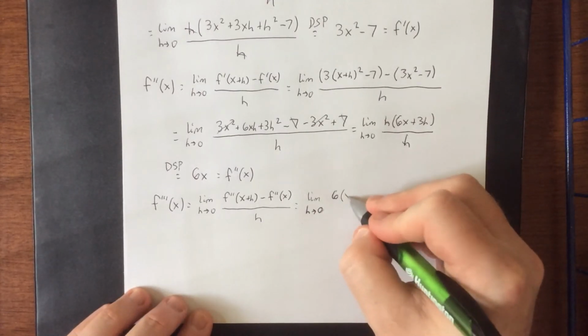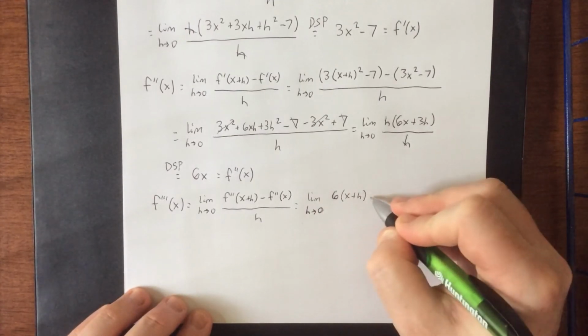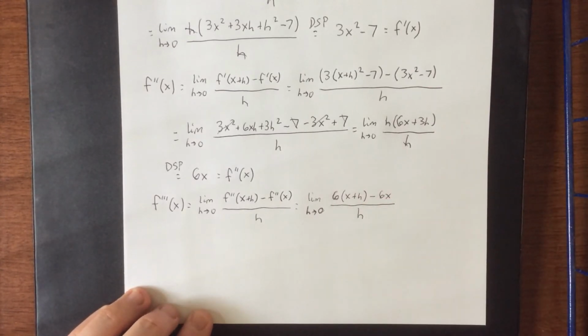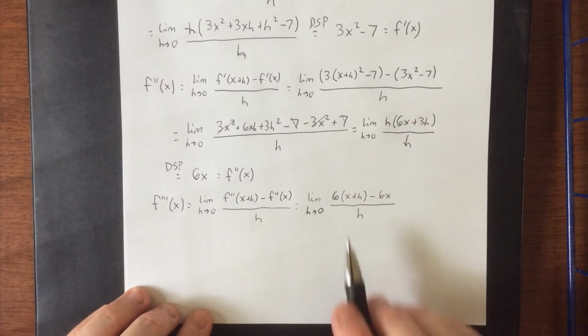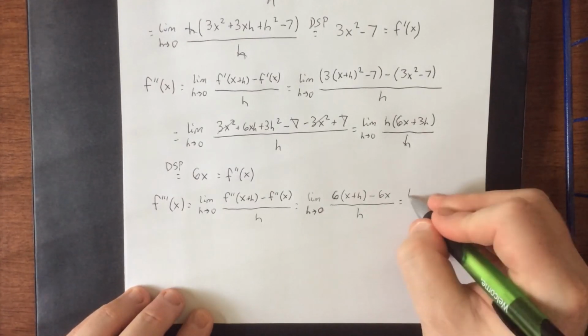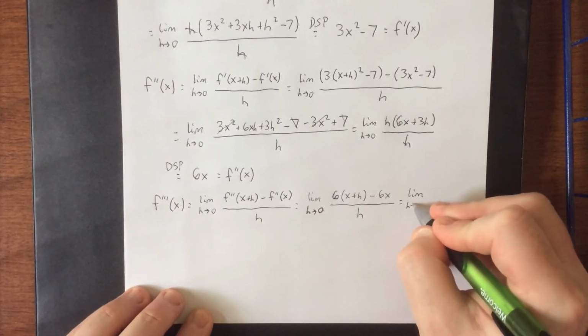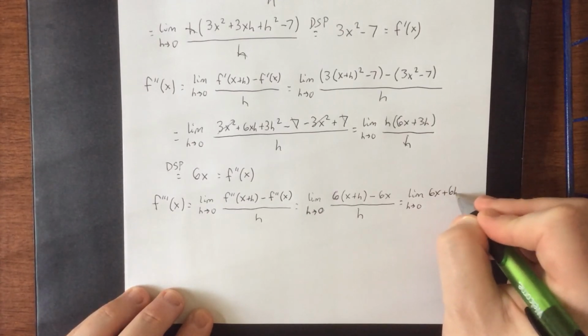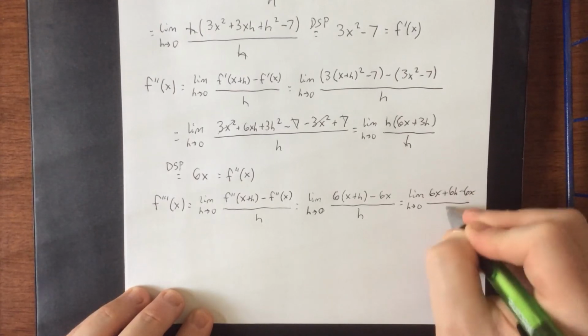So that'll be 6 times the quantity, x plus h, minus the original function, 6x, all over h. We can then distribute the 6 in the numerator to get 6x plus 6h minus 6x all over h.